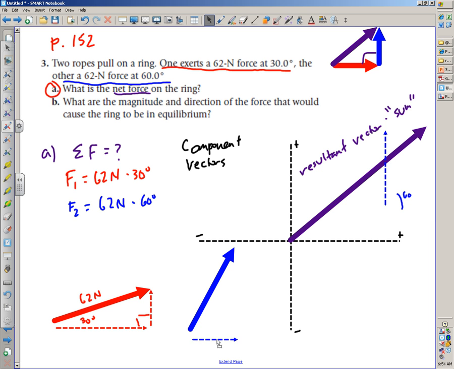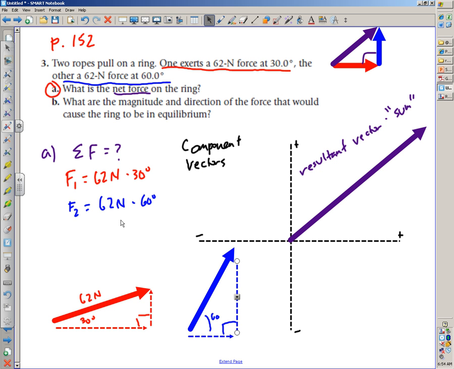That 62 newton force, the blue force, is a combination of both this horizontal one and this vertical one. We slide this one over this way. Because this one is horizontal and this one is vertical, x-axis, y-axis, we know that this has to be a right triangle as well.